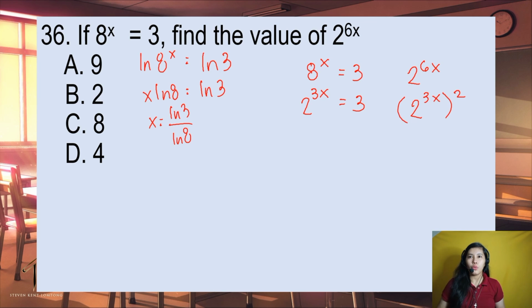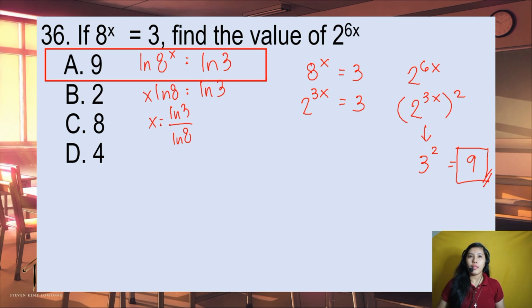Tama ba? Kasi, diba, 3x times 2, that's 6x also. So, if 2 raised to 3x is equal to 3, so that means this one is equal to 3 squared, or simply 9. And that is our answer. Ayun. So, kung saan kayo nadadalian, syempre, yun yung pipiliin nyo.